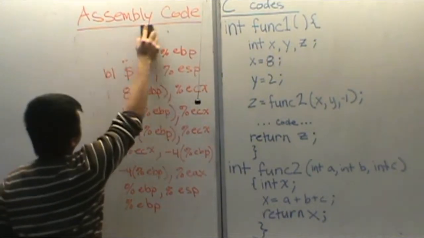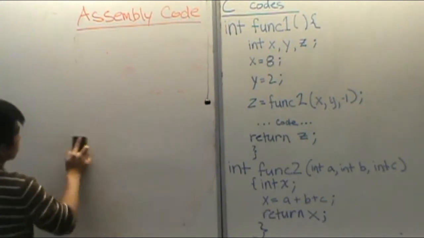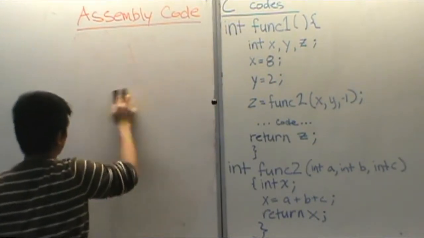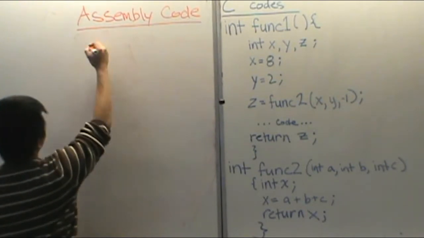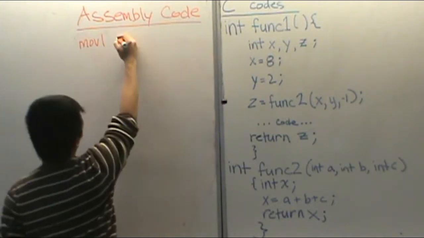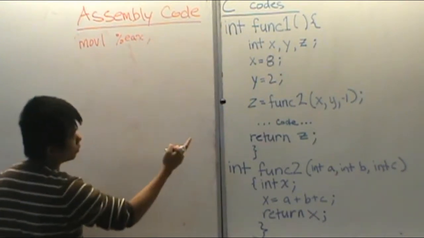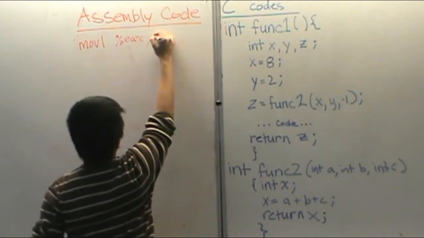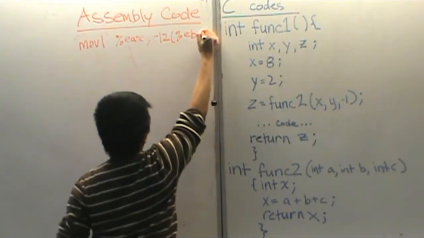After all that, we have to move the value in register A to the variable z of function 1, which is -12(%EBP).